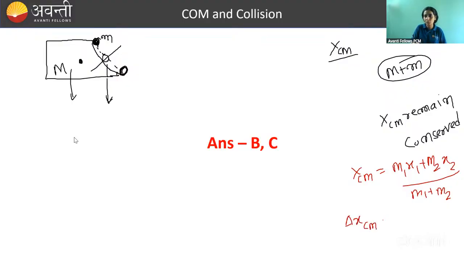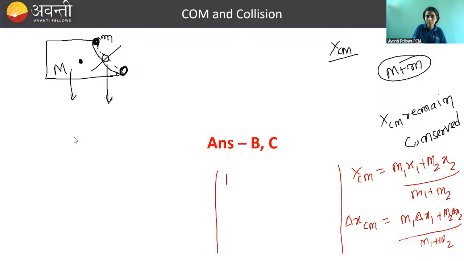So delta x cm you will be writing as m1 delta x1 plus m2 delta x2 divided by m1 plus m2. In case x cm is conserved, delta x cm is 0. So m1 plus m2 into delta x cm whole will become 0. So what you're getting finally is m1 delta x1 is equal to minus m2 delta x2. And same thing you have to do here.